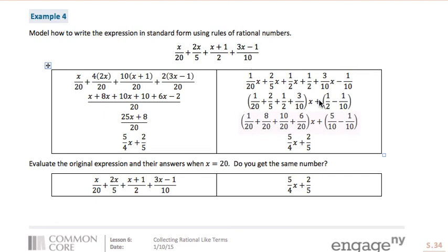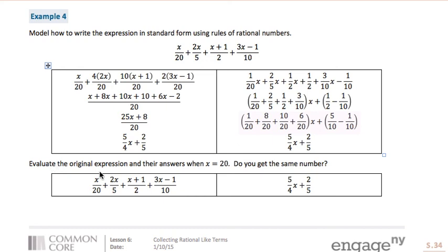And then we would combine all of our x terms, 1/20th plus 2/5 plus 1x plus 3/10, factoring out the x, and all of the constant terms, which would be 1/2 minus 1/10. Then you still have to get common denominators, combine all of your fractions, and you end up with the same answer.